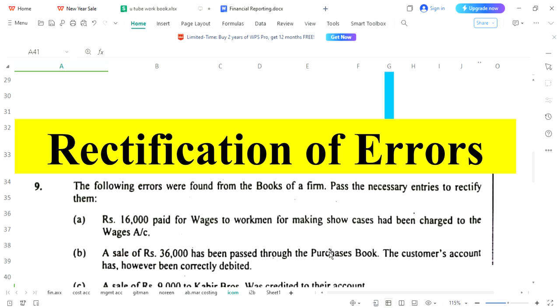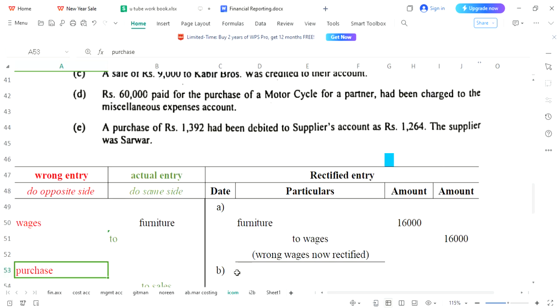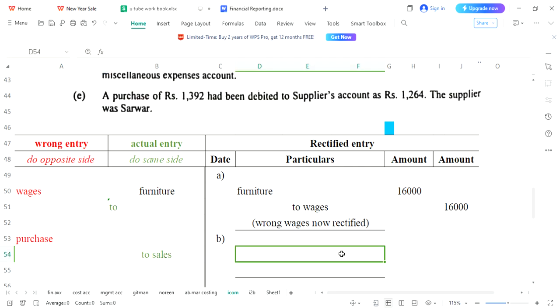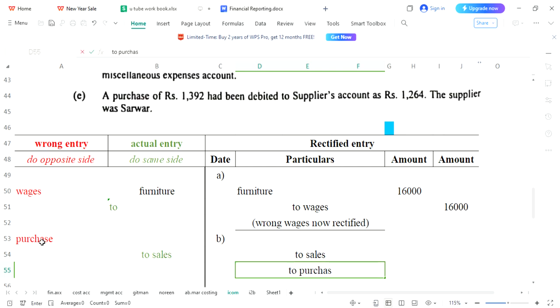The only mistake is we were required to write sale, but instead of sale, we have written purchase. As usual, whatever is the green entry, we will write on the same side. Sale is credited, so here you will write sales. And this is the wrong entry. Purchase was written on the debit side as a wrong entry, so we will make it to the opposite side. So purchase would be written over here.